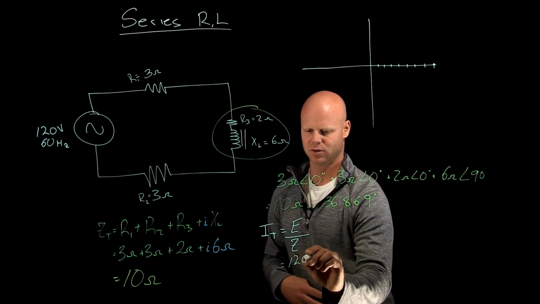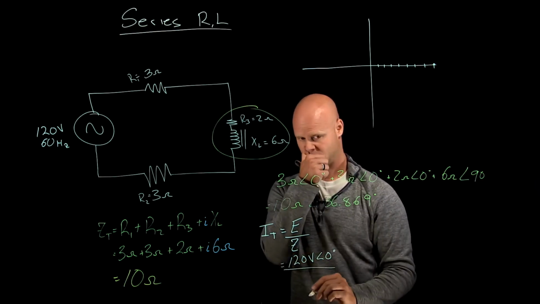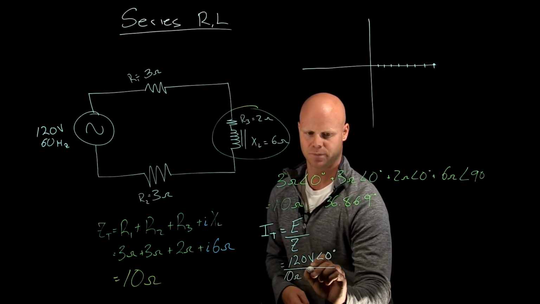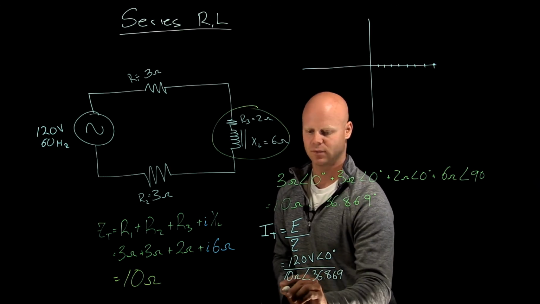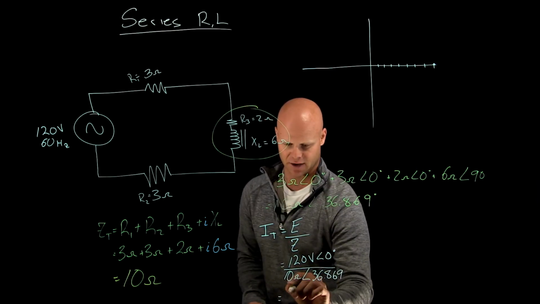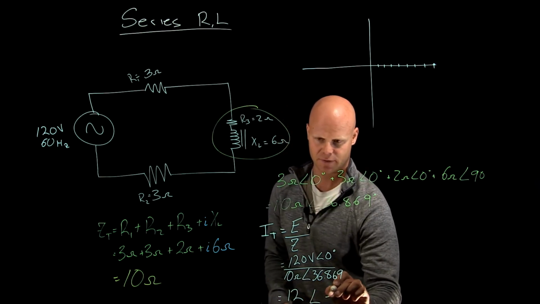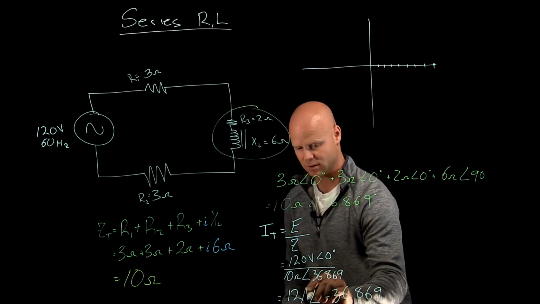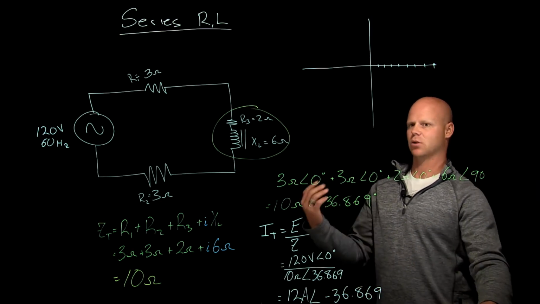I have 120 volts at 0 degrees divided by 10 ohms at 36.869 degrees. When I place that into my calculator in that fashion, I will get 12 at negative 36.869. So 12 amps is my value at negative 36.869 degrees, which makes total sense.